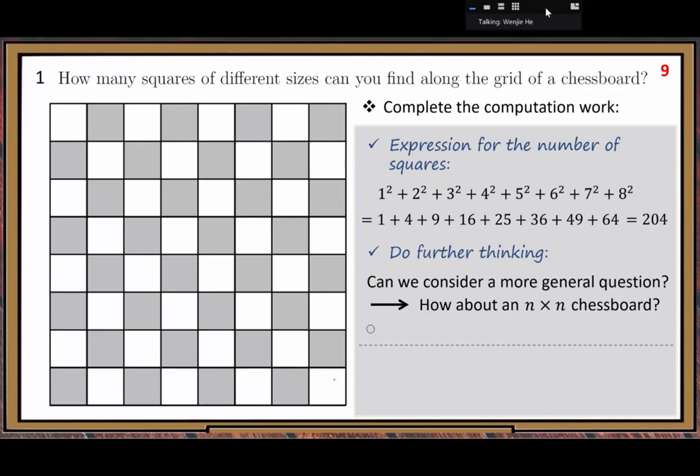Based on our analysis, we need to do this summation, the summation of the squares of the first n consecutive integers. There is a summation formula. We do not need to derive it, so here we use this formula.